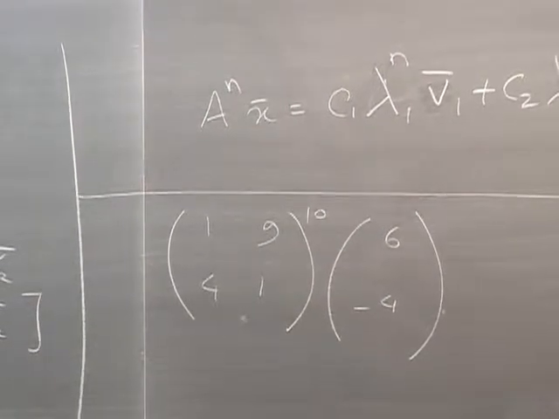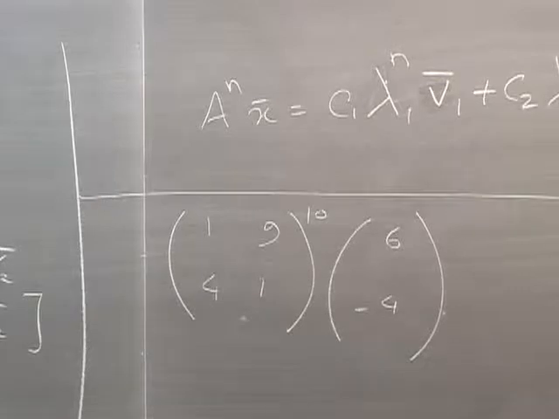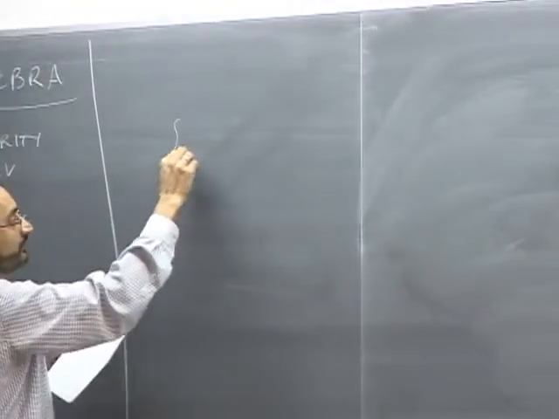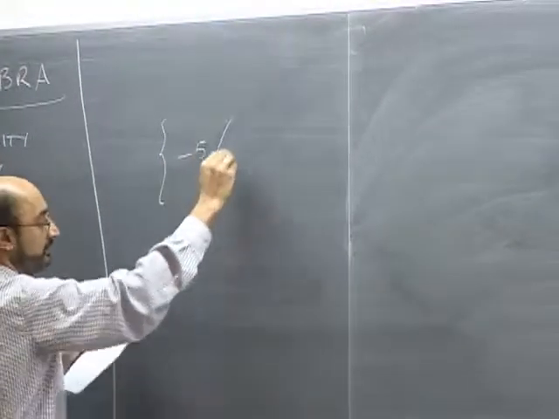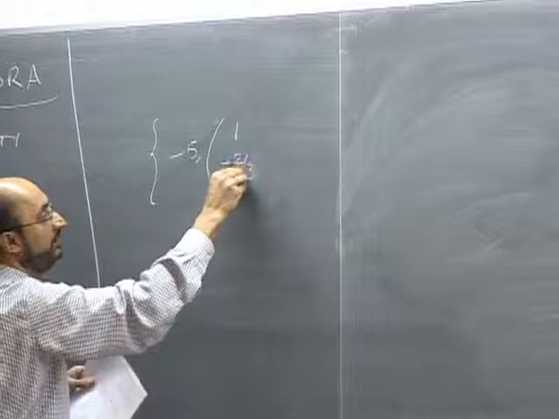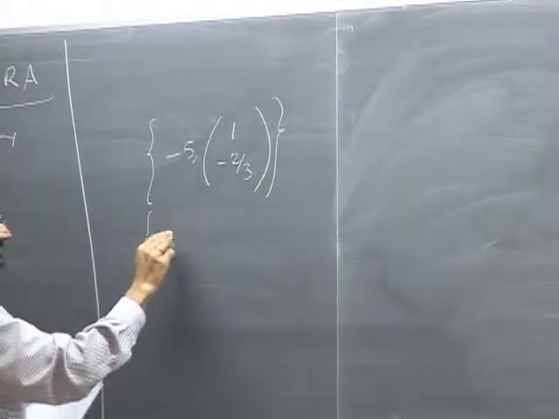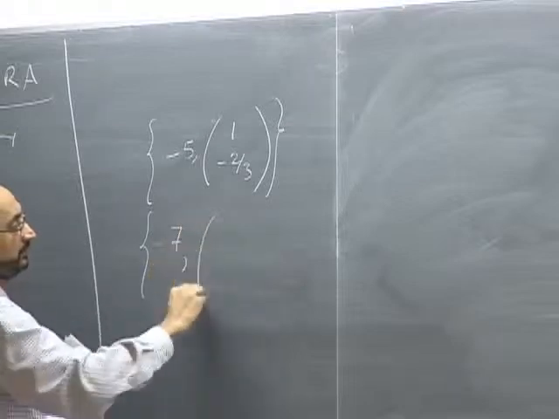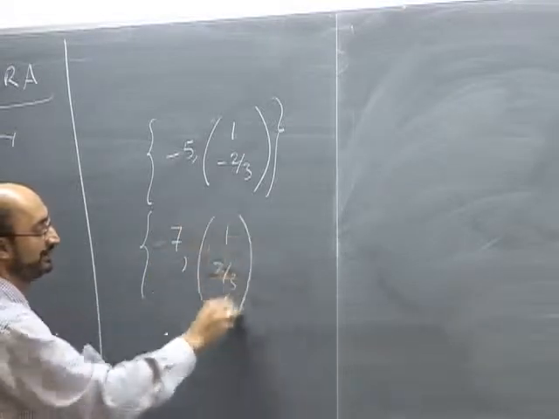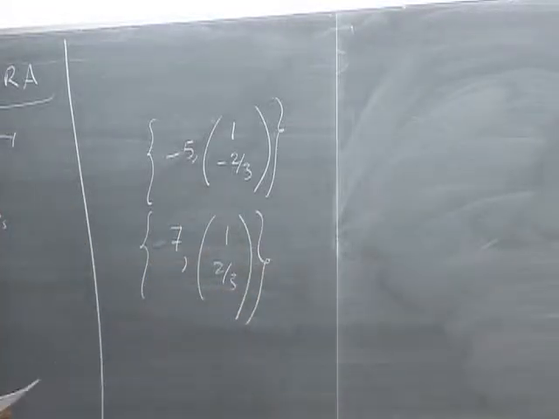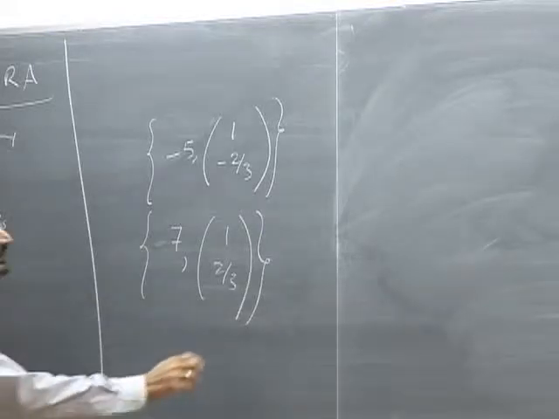So please exchange your solutions so we can do this. The eigenvalues and corresponding eigenvectors are -5 and (1, -2/3), and 7 and (1, 2/3). I'm going to leave this up because we're going to use it for the remaining homeworks.